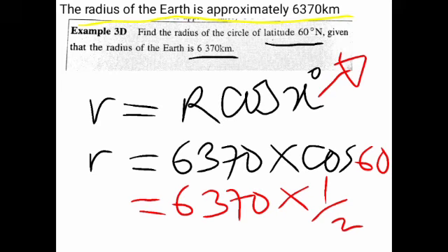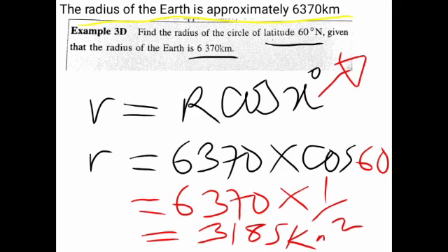Therefore, we can now say 6,370 times half, which is going to give us 3,185 kilometers. So that is our radius. Our radius is 3,185 kilometers.